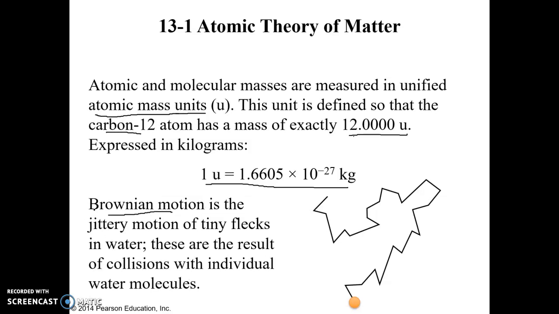Someone named Brown noticed that the flecks moved around in an unusual pattern, somewhat like this. And that just gave further credence to the idea that water is not just made up of water, but is made up of small molecules that are all bouncing off each other like pinballs.